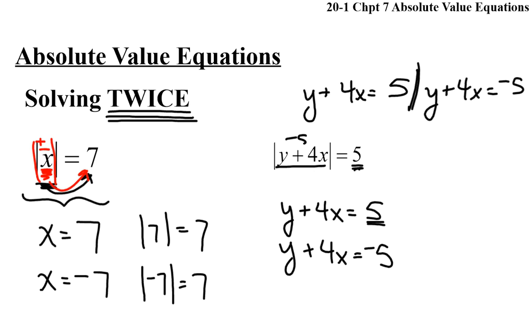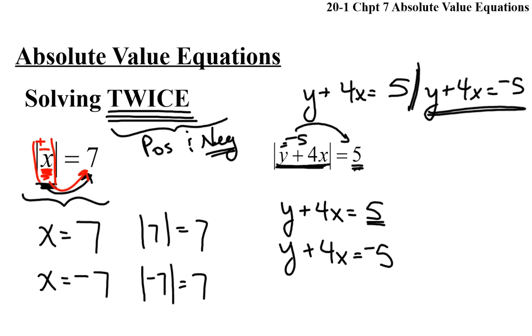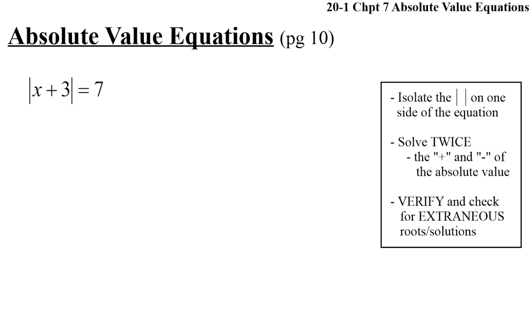Because if this y plus 4x equaled -5, that would still be okay, because the -5 would turn to a positive 5. So we are always solving twice. We're solving for the positive and the negative of the equation. So that's the trick with absolute value equations. So page 10.